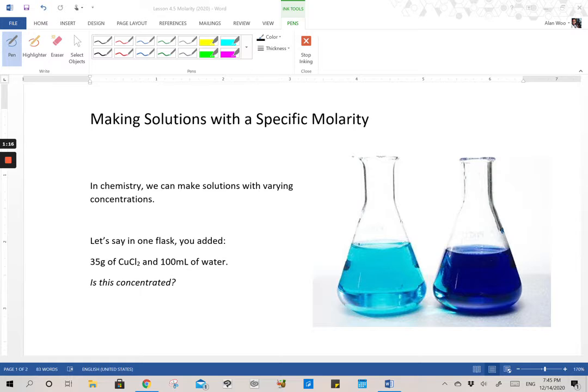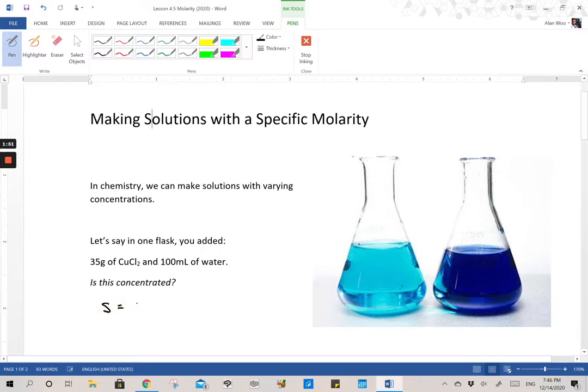How concentrated is it? Well, let's say in one of these two flasks we used 35 grams of copper chloride and 100 milliliters of water. Now that we have some values, can we actually say that this is a strong solution? Is it concentrated? From what you know right now, the only thing that you can probably calculate is the substance's solubility.